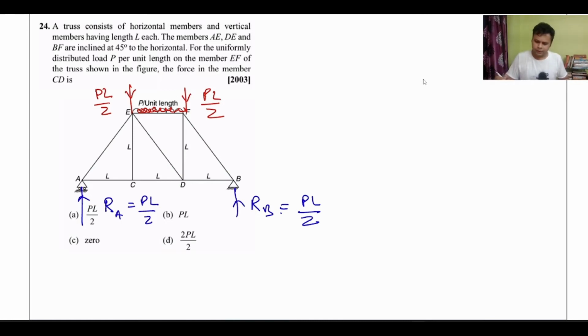Now, you can proceed by two methods, method of sections or method of joints. If you proceed with method of sections, I'll take the section somewhere here. The part that is drawn will look like this.